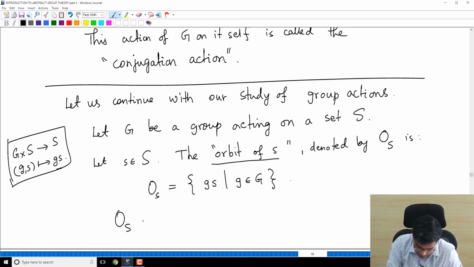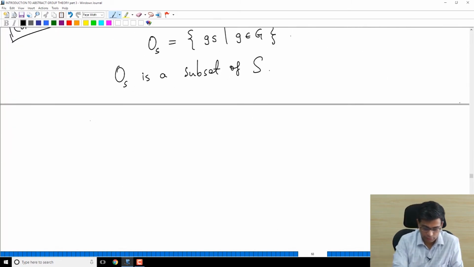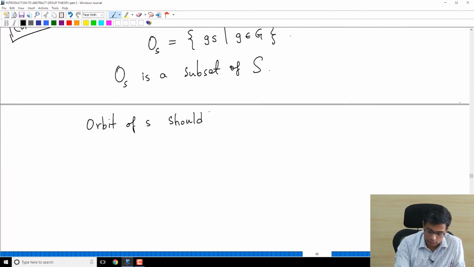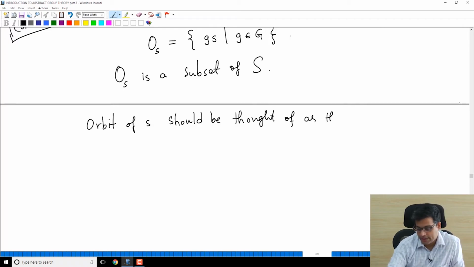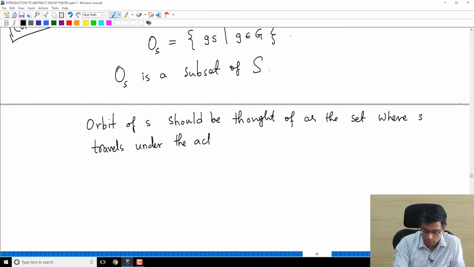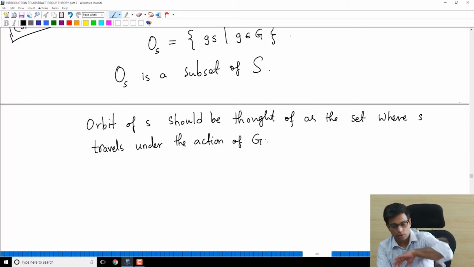Orbit of s is of course a subset of capital S. So orbit of s should be thought of as the set where small s travels under the action of G. So you see where small s travels under the action of G.